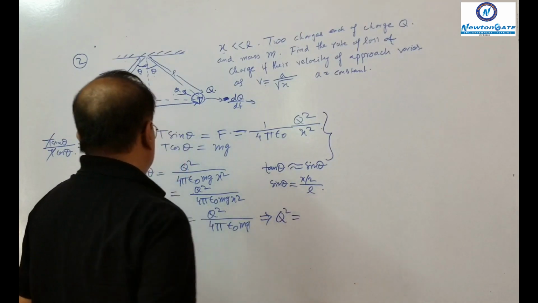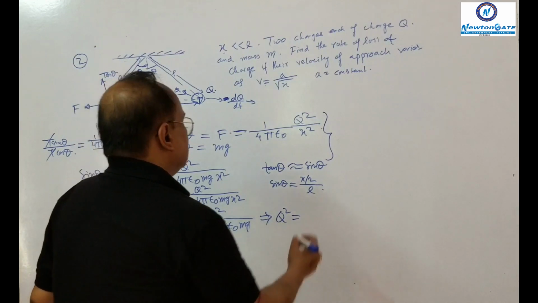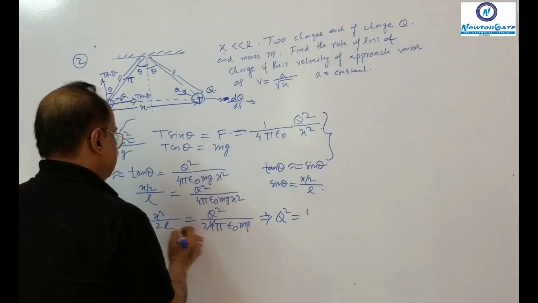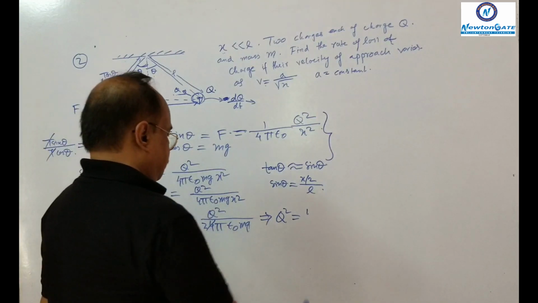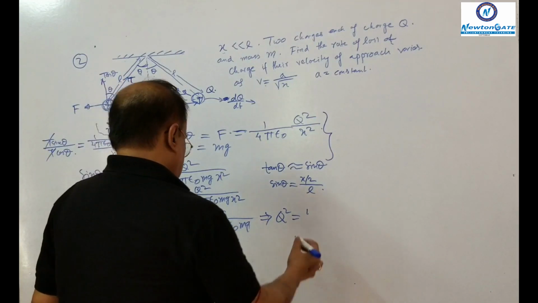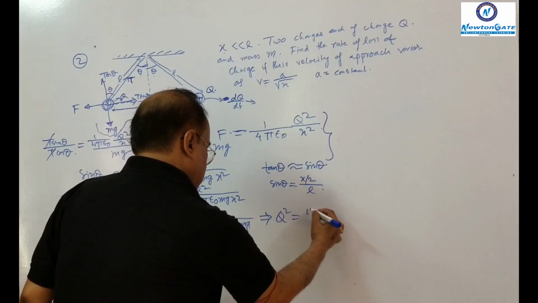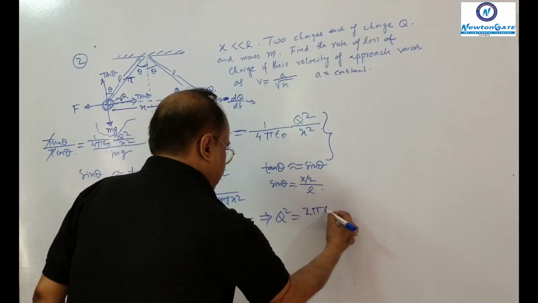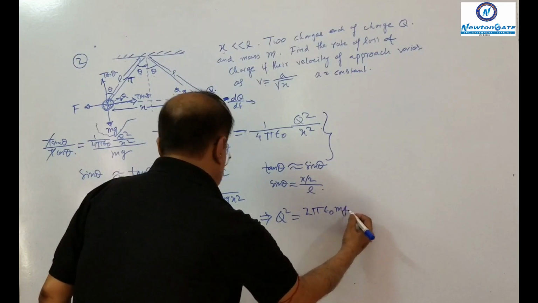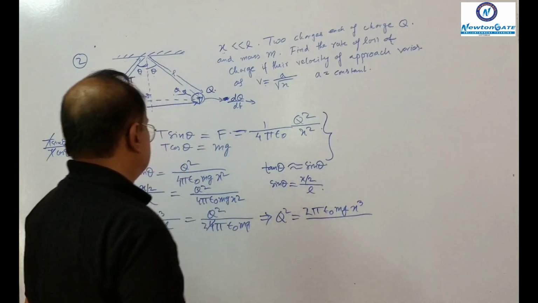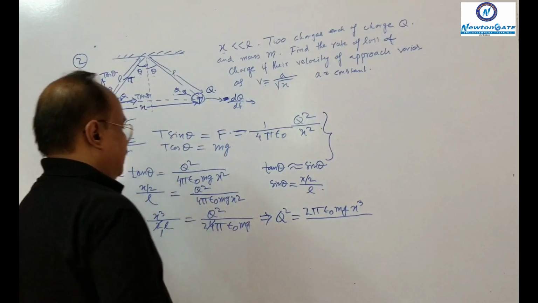Q square equals, you are getting 4, here it is 2 and this 2 gets cancelled. So q square equals 2 pi epsilon naught mg into x cube divided by L.